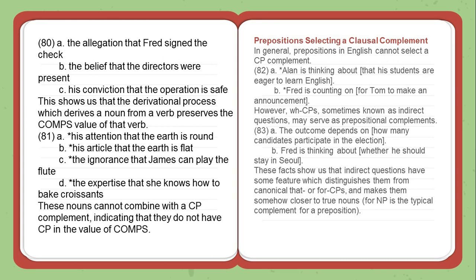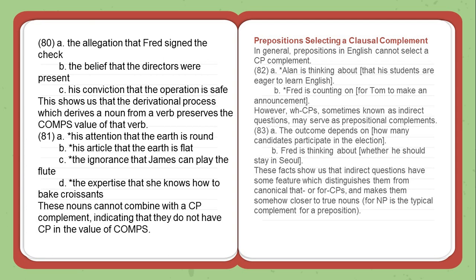A. The allegation that Fred signed the check. B. The belief that the director was present. C. His conviction that the operation is safe. This shows us that the derivational process which derives a noun from a verb preserves the complement value of that verb.